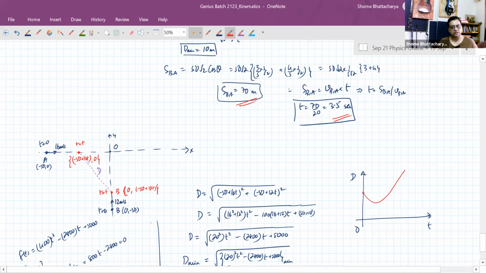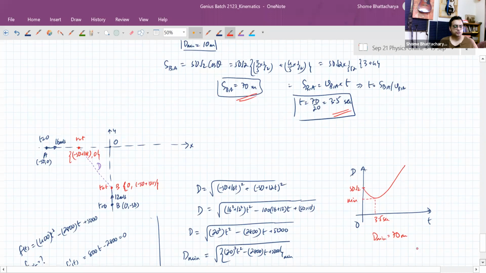First decrease and then again increase. So initially it was 50 root 2, and it comes to some minimum value, which we'll calculate in a moment. But the time at which it will come to that minimum value will be 3.5 seconds. And that D minimum should, according to the above equation, come out to be 70 meters, which we can show in a moment from here.